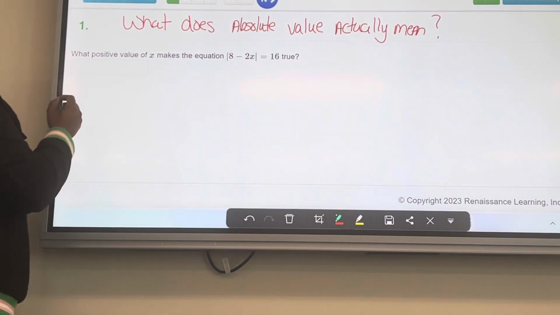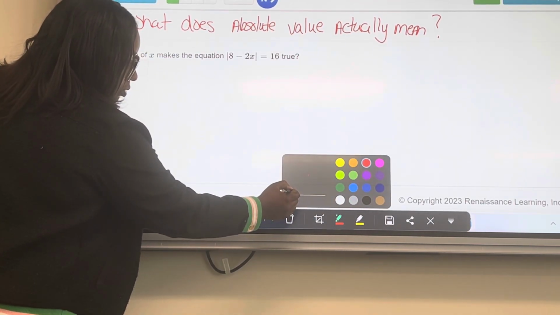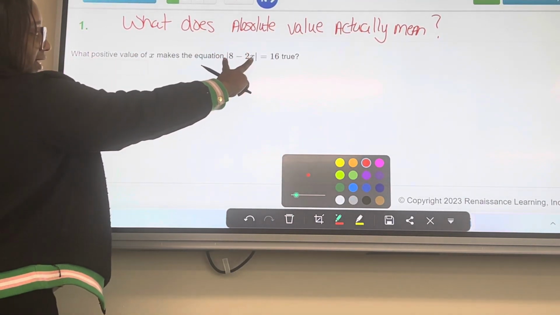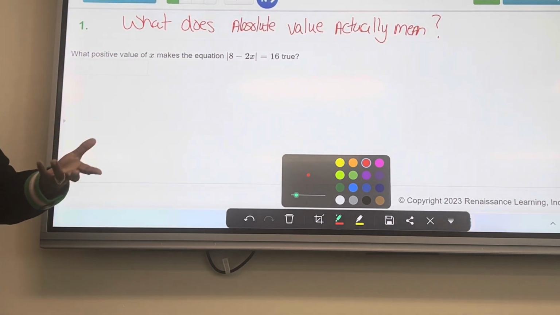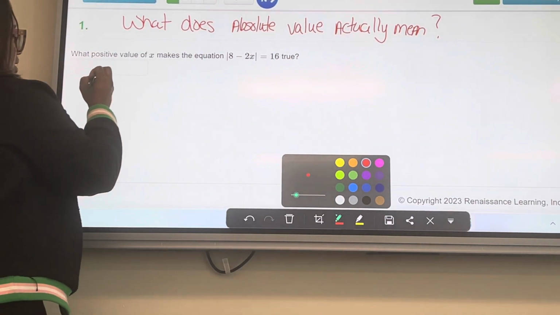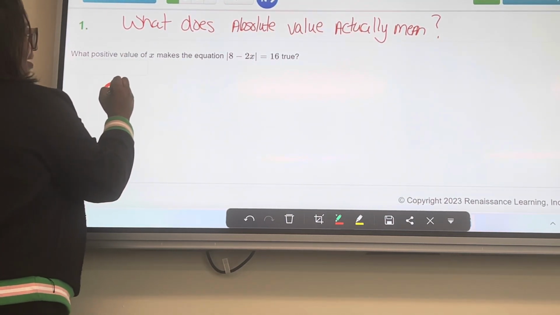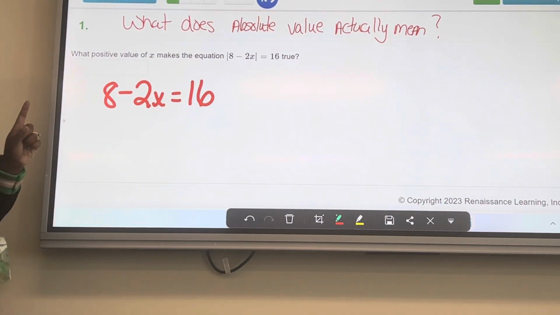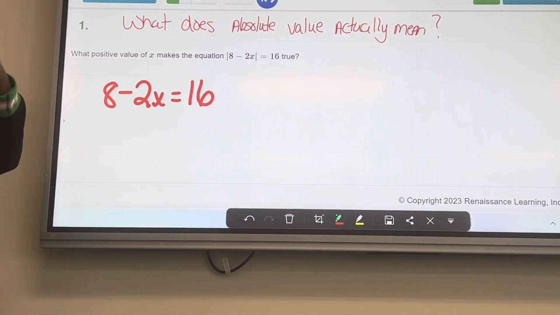So when I set up this problem, now I want to get rid of this absolute value, that way I can solve it the way I'm used to solving it with the algebraic concepts. So I'm going to set this up as 8 minus 2x equals positive 16. That gives me a distance of 16. That way I can easily solve for x, doing all those review processes that we reviewed at the beginning of the year.